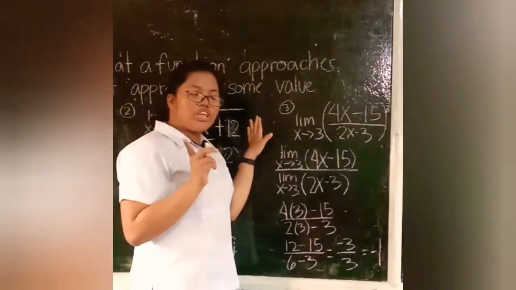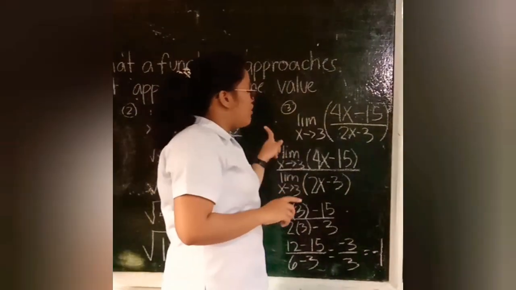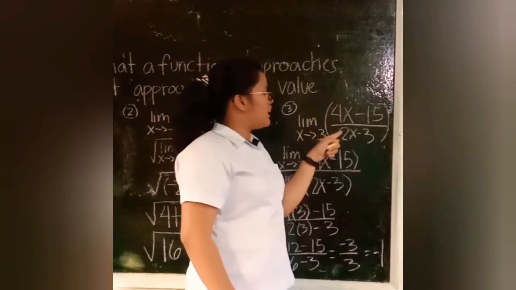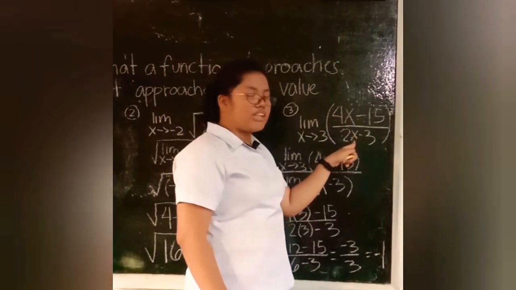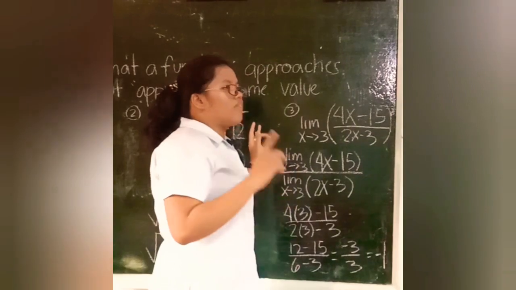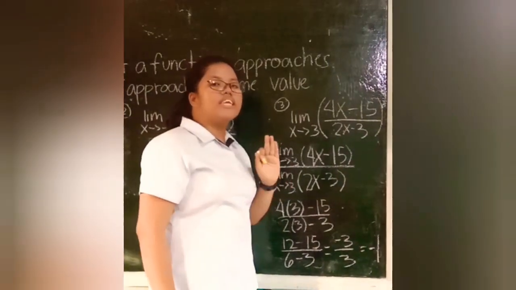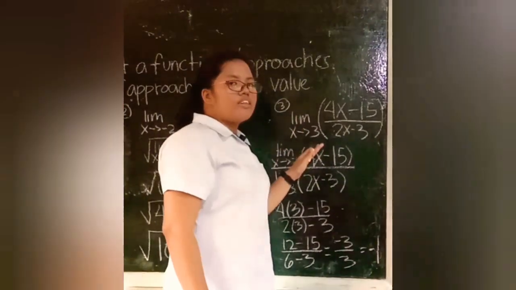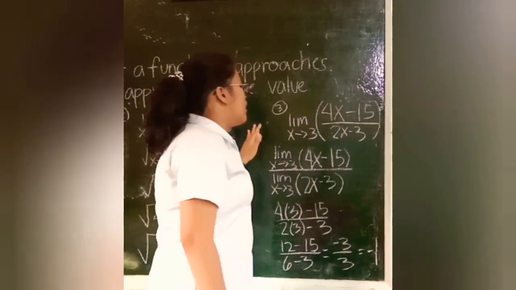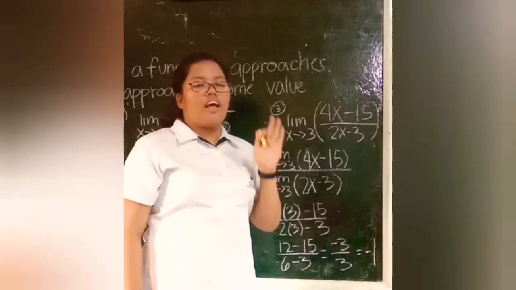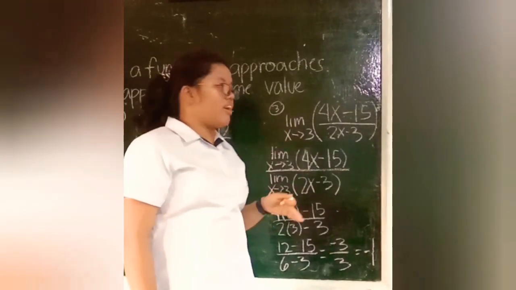So quick check. If I replace x in the denominator with 3, I get 6 minus 3. So when finding the limit of a quotient, the function should not be indeterminate or undefined.